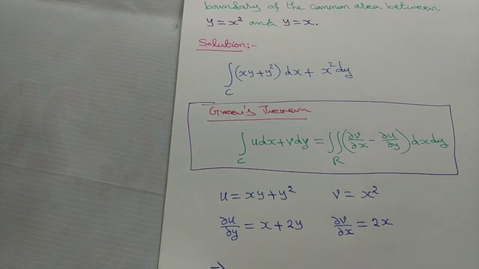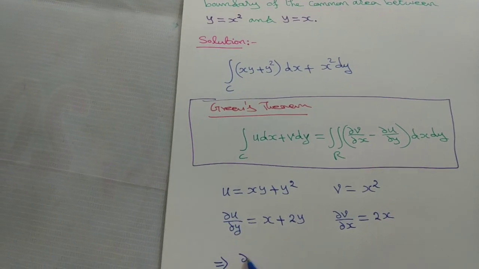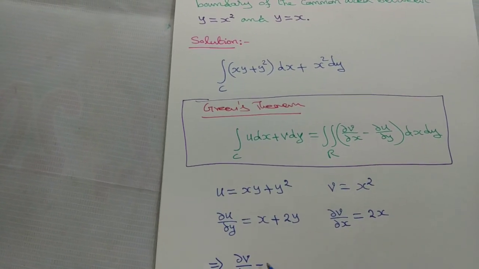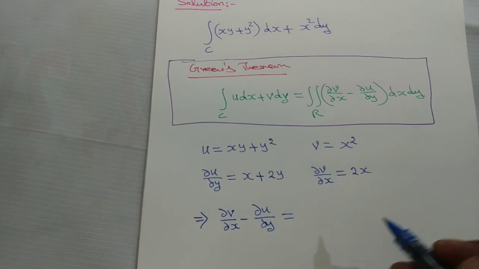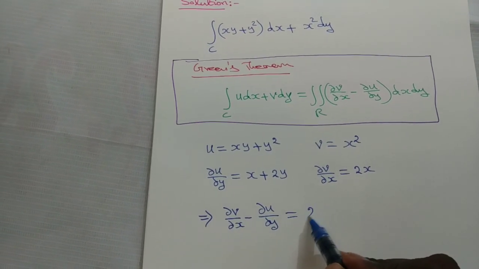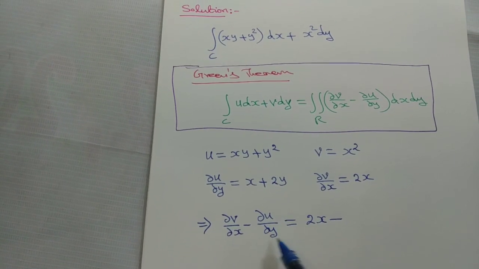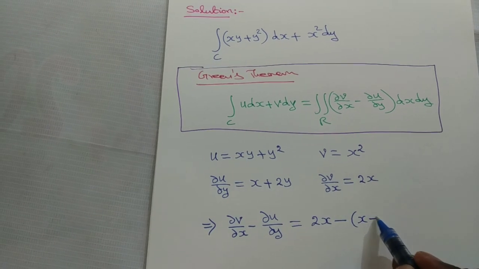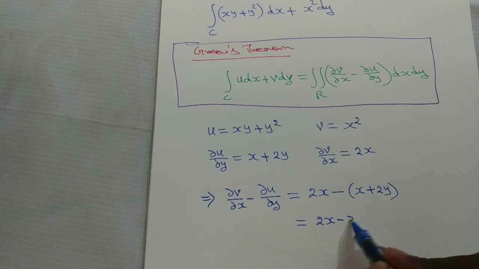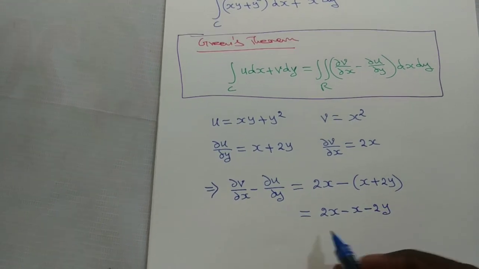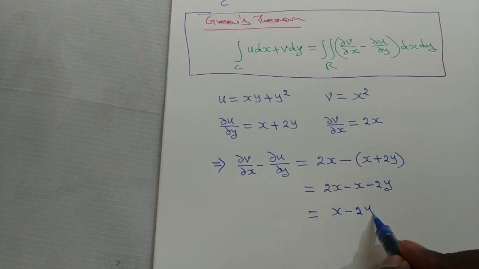So ∂v/∂x minus ∂u/∂y is 2x minus (x + 2y), so that is x − 2y.